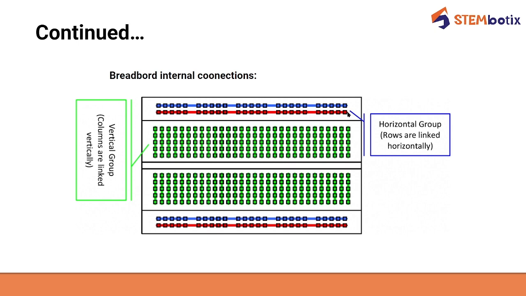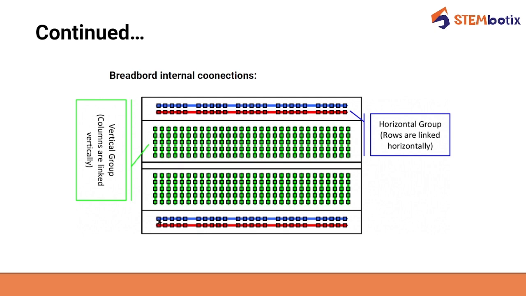So this row is horizontally and internally connected. Similarly, this particular row from here to here, all the holes are connected internally. So this row and this row are horizontally connected.